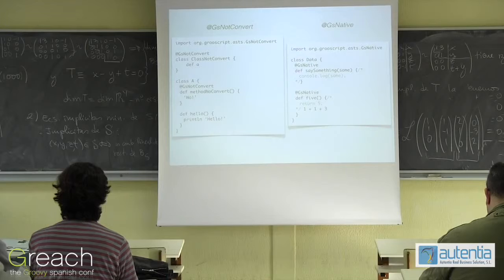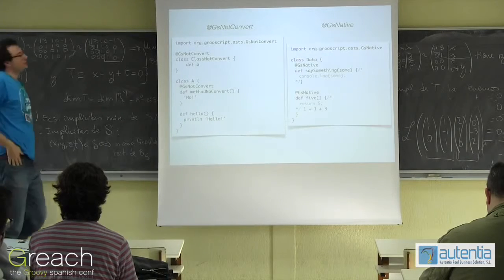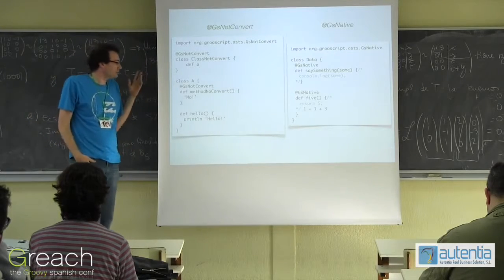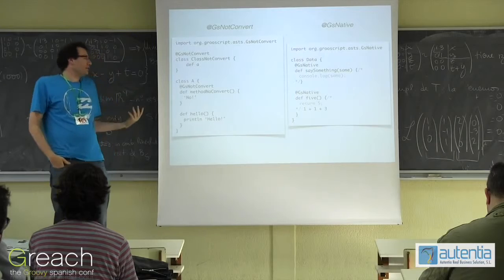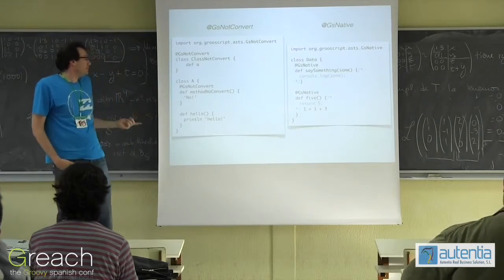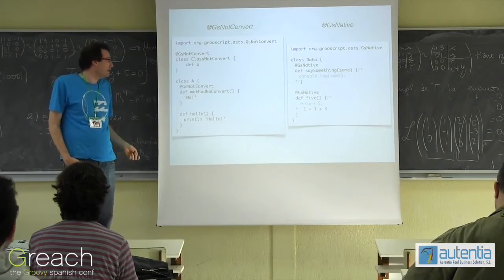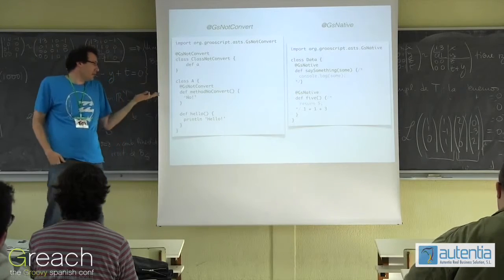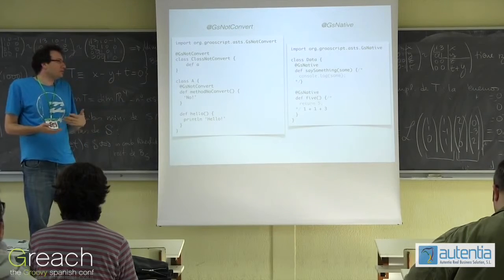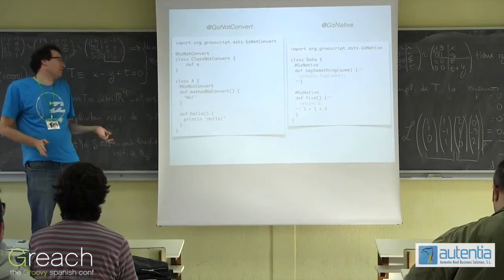In Grooscript, we have some features, for example these two. If you have a class with some methods, maybe you don't want to convert something. Here, for example, I don't want to convert this method, or also this class. This annotation will do nothing in your code.